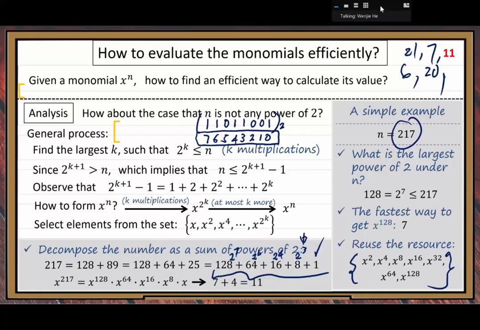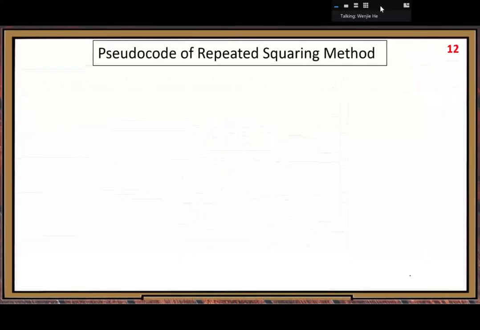Although you can use this way, that's not the best way. So the best way, on the next slide, I give you. The pseudocode, you can understand the idea easily.